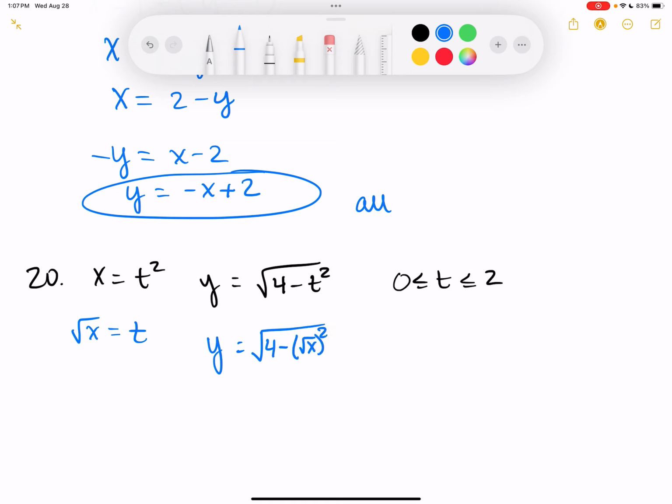So that just gives us y equals the square root of 4 minus x. And they just say x has to be greater than or equal to 0. But that one seems weird, don't worry about that part.